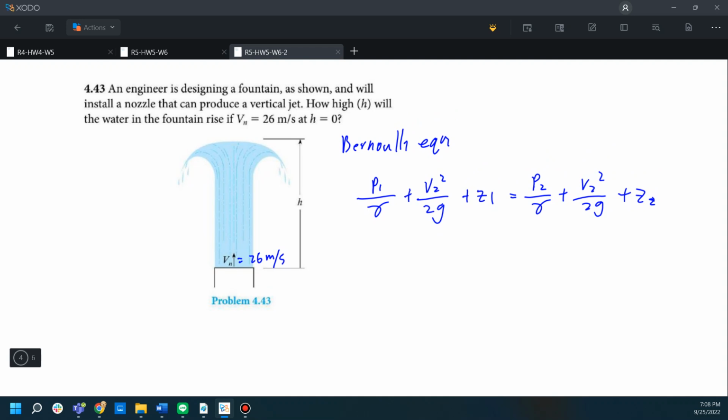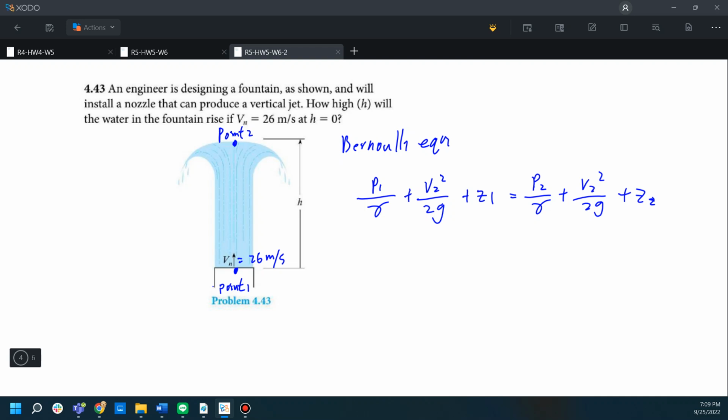So similar to what we did when applying the Euler equation, we will need to define the 2 points that we want to apply the Bernoulli equation to. And we define the point at the nozzle as point 1 and the surface of this jet as point 2.